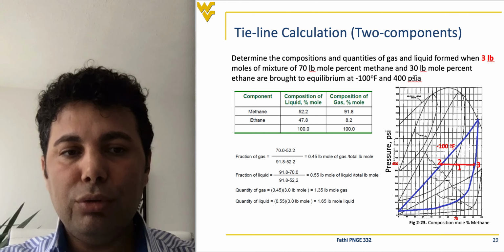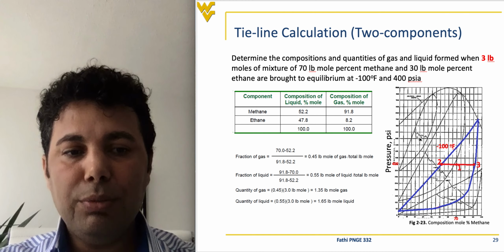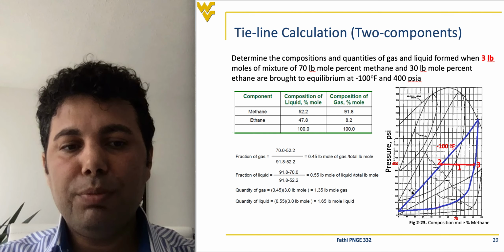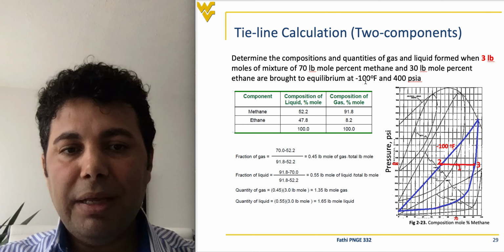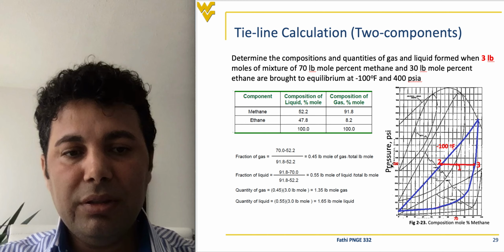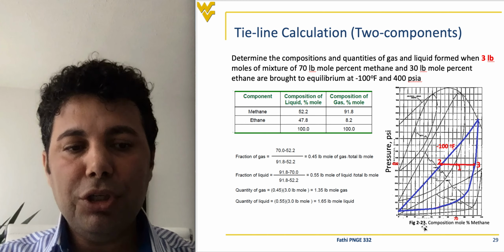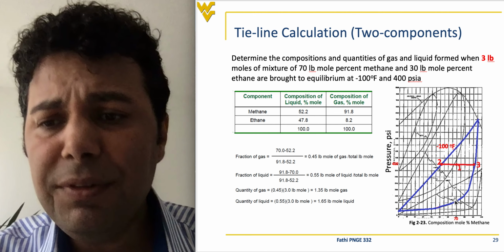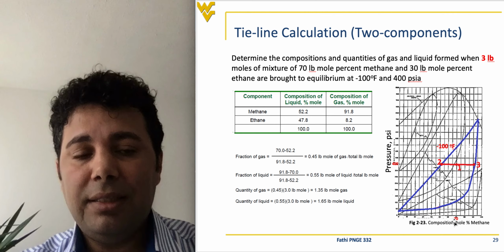So what we need to do is to go to the book and find the pressure versus composition diagram corresponding to methane and ethane. And we know we are going to mix them at minus 100 degree Fahrenheit. So if you go to the book, figure 2-23 shows different phase envelopes for different mixtures of methane and ethane, okay?